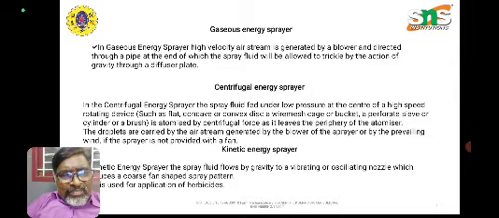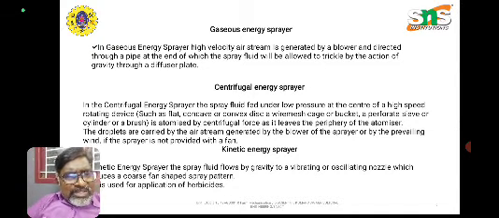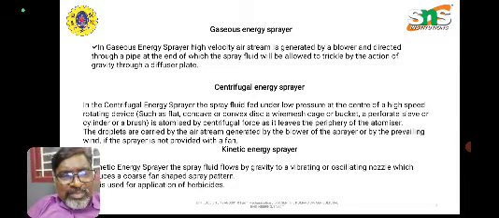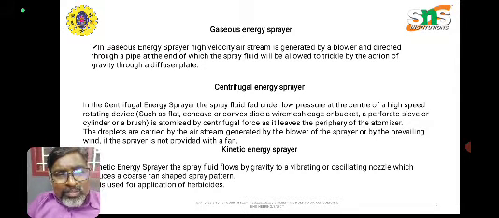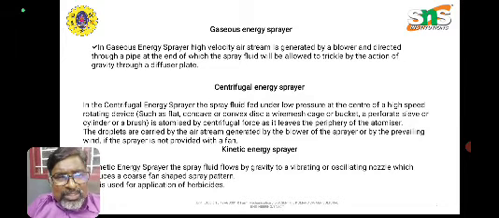In a centrifugal energy sprayer, the spray fluid is fed under low pressure at the center of a high speed rotating device such as a flat, concave or convex disc, a wire mesh cage or bucket, a perforated sieve or cylinder, or a brush. These are the central elements which rotate at high speed, and the fluid at low pressure is applied to the center portion.